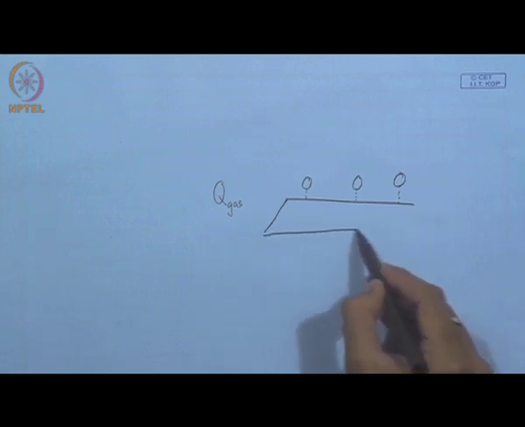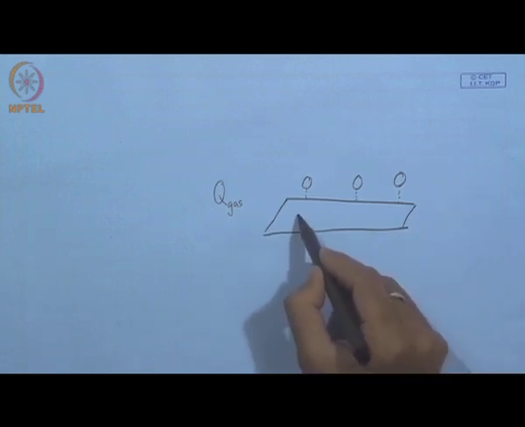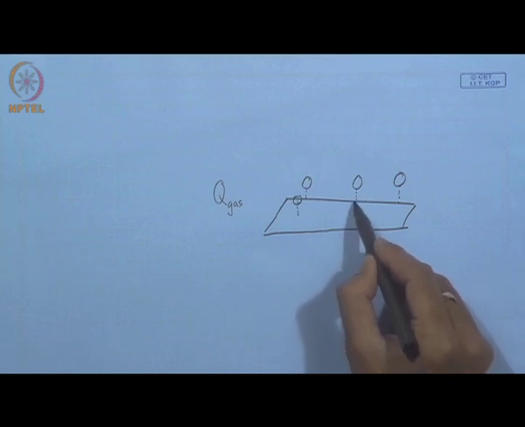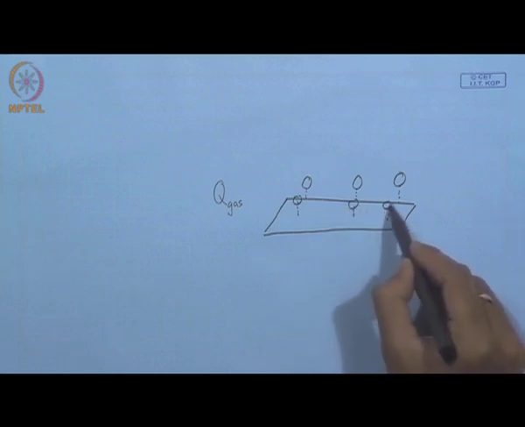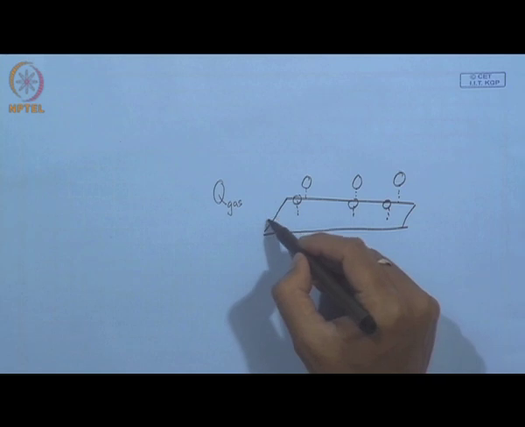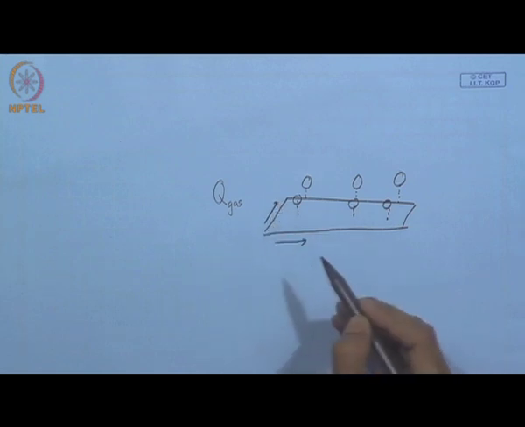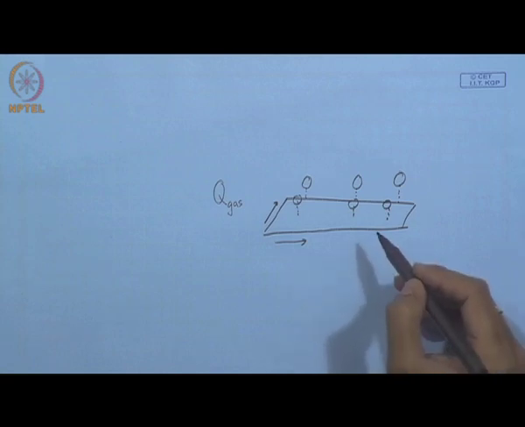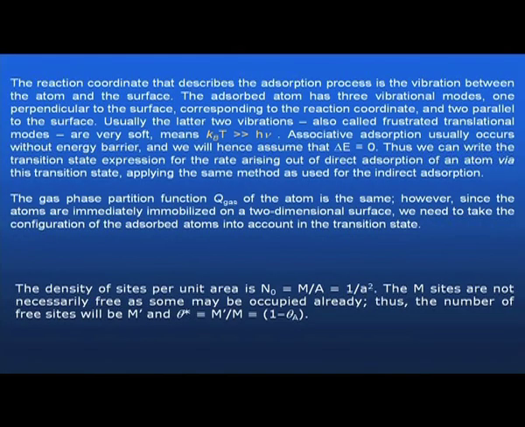So, this surface is a two-dimensional one. Some of them are here sticking out like this. And we need to take the configuration of the adsorbed atom into account in the transition state.